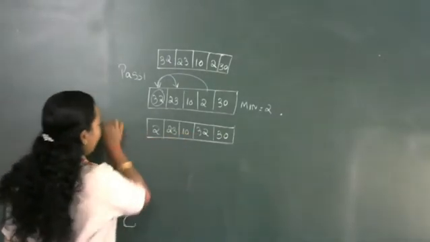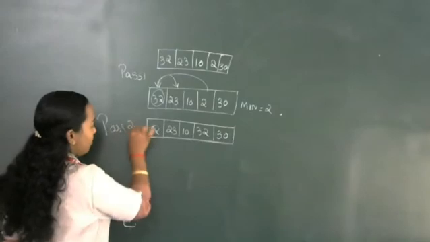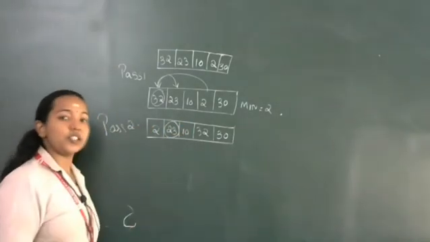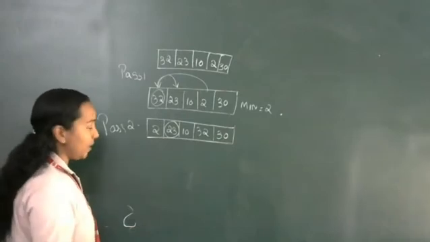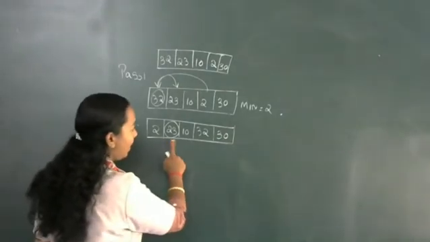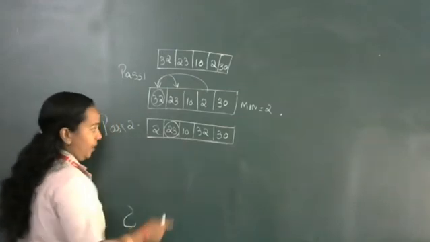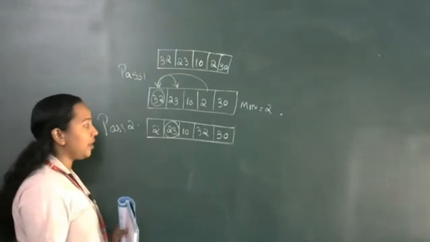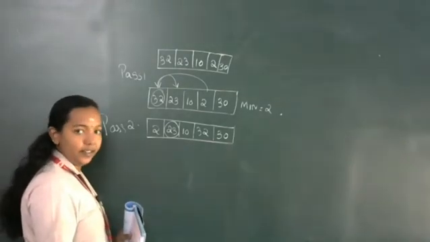Next in pass 2 we can assume 23 as the smallest element. Then again we will compare 23 with 10. Here 23 is greater than 10.